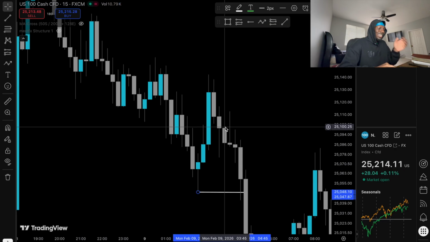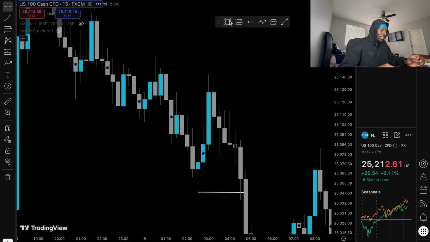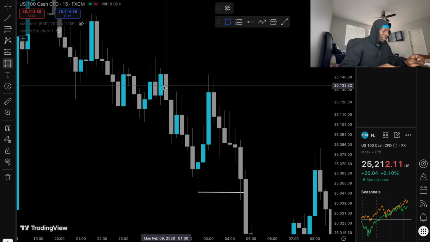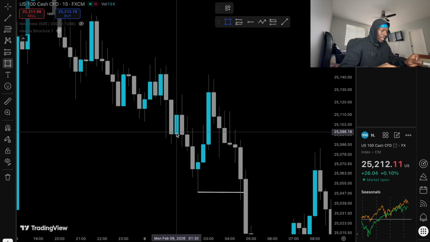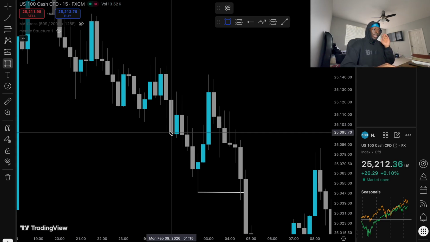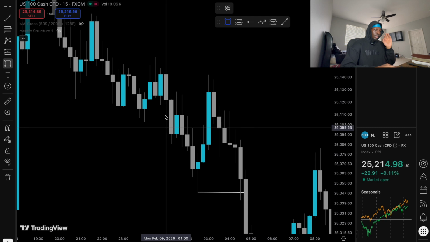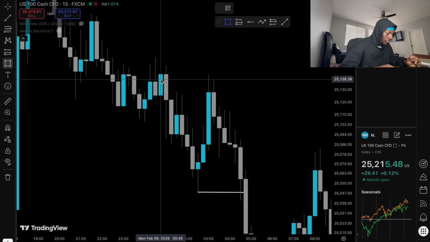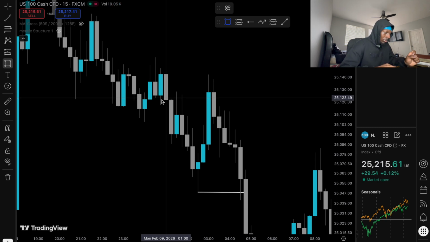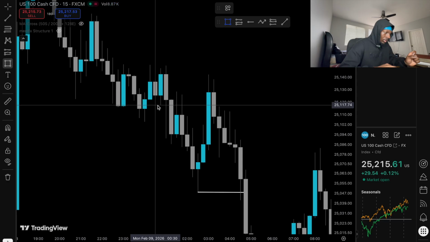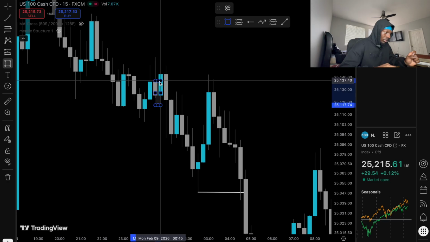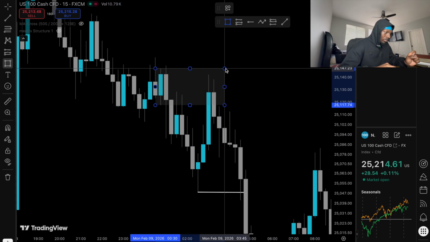Now we have a break to the downside. Okay. The last buy before it sold off. Like, yes, there's a bullish candle right here, but it had already sold off right here. So the last candle would be this bullish candle from the bottom, pull it up to the top, right?